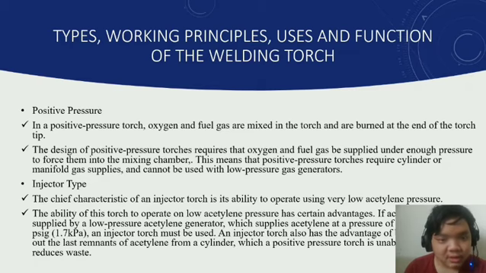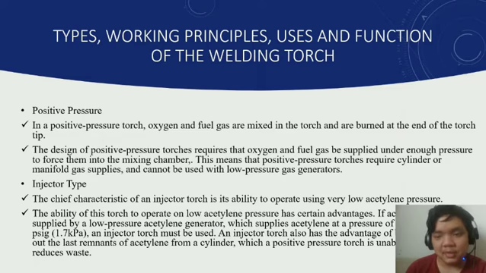The chief characteristic of an injector torch is its ability to operate using very low acetylene pressure. The ability of this torch to operate on low acetylene pressure has certain advantages.